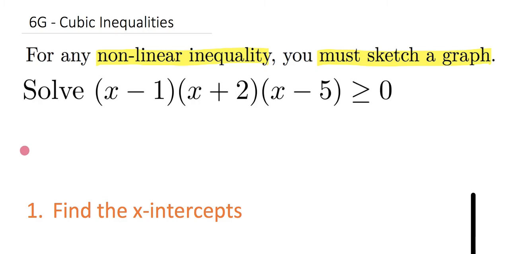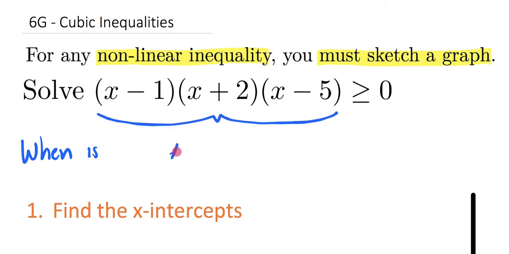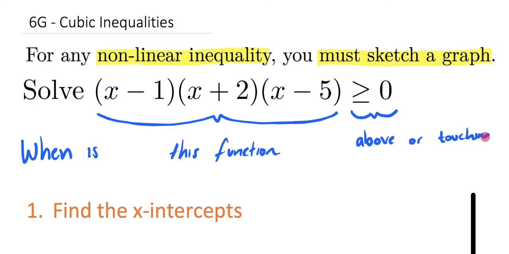So what it's saying is, write this down with me, when is this function, and then at the end here we have greater than or equal to 0. So when is this function, well, what this part means is when is this graph above or touching the x-axis.